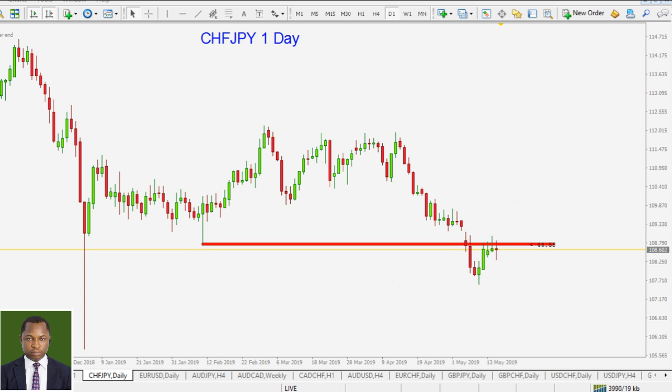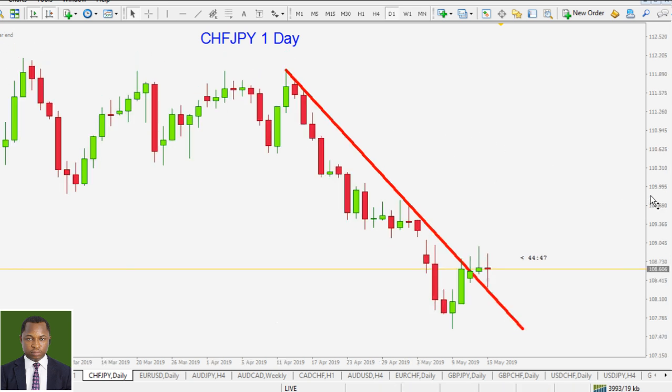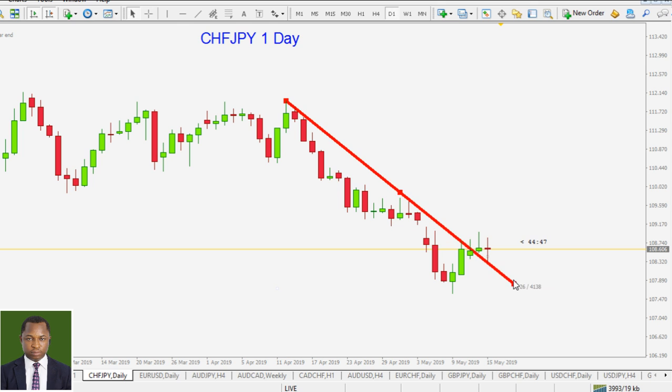If you connect this high to this one here, see that? Let me zoom in on this chart. That's the focal point of that trend line. A little swing, a retest, a little swing again, another retest, and we got a breakout.